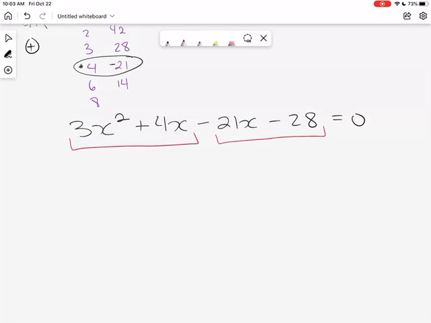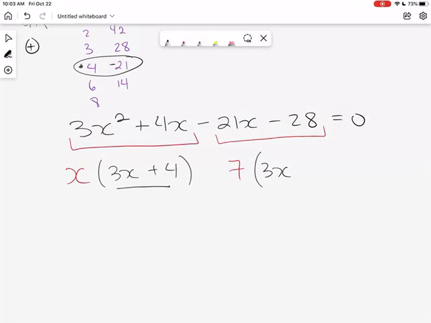The coefficients don't have anything in common, but I can definitely factor out that x. So that way I'll be left with 3x plus 4. For this one, it looks like the common factor is 7, and I will have, again, 3x.